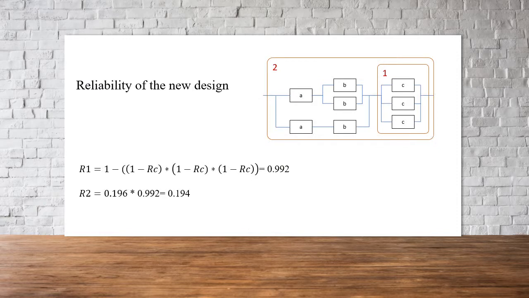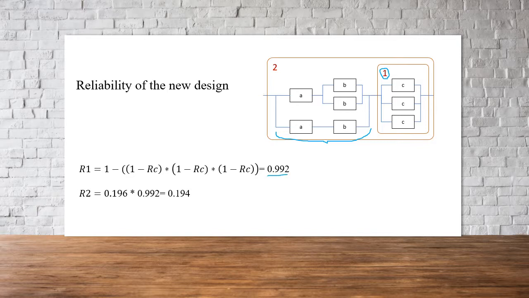Like the previous example, if we want to calculate the reliability of our system, we have the reliability for these parts. So we will divide it into two separate subsystems. We first calculate the one and then go to the second. So the reliability of the first part is the parallel system, so it would be 99%.